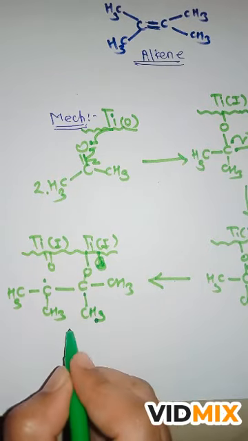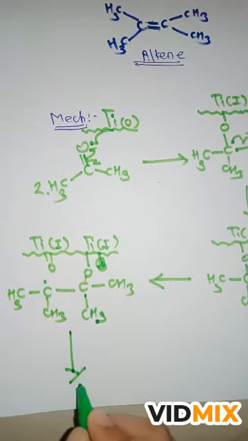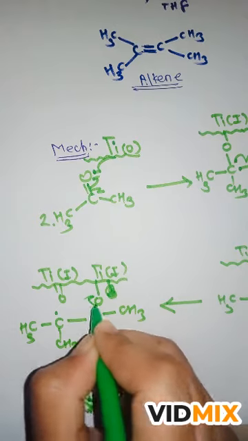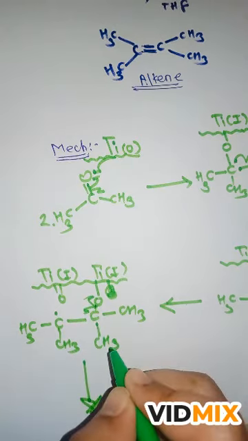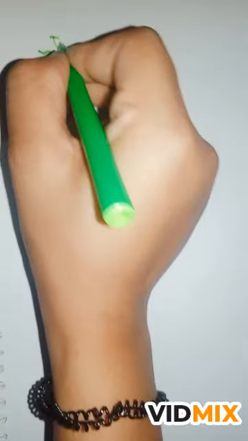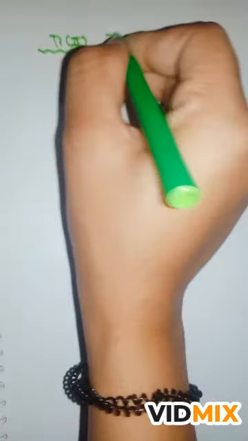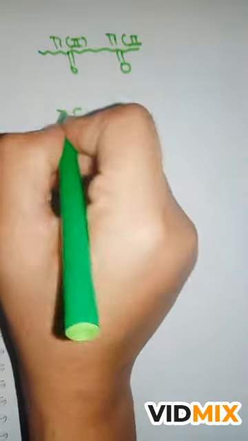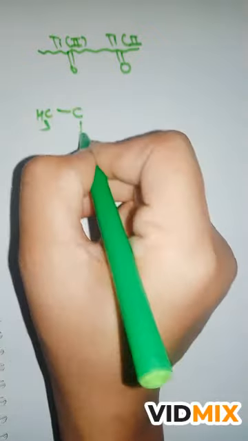In the next step we are going to have homolytic cleavage of this bond, and again the same process. In the next step, both titanium in oxidation state 2 form a double bond with O, and this gets separated out.